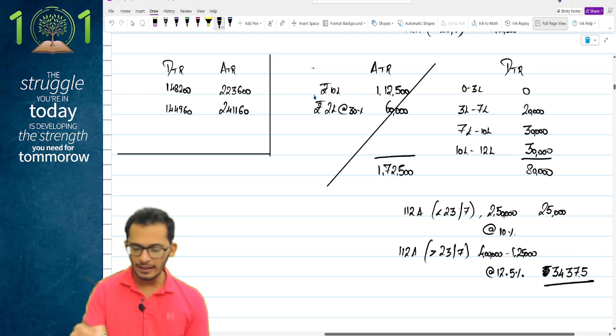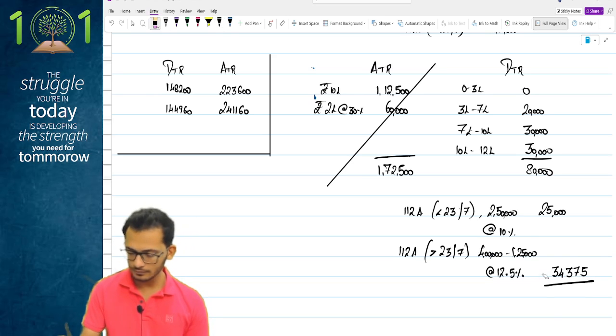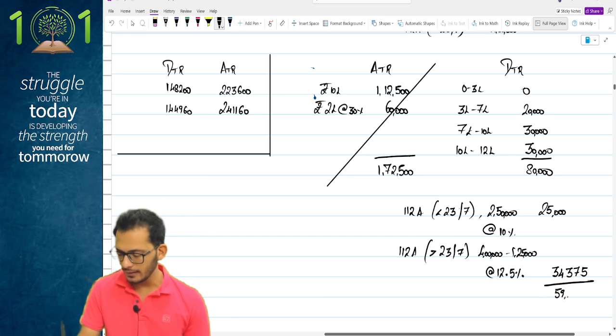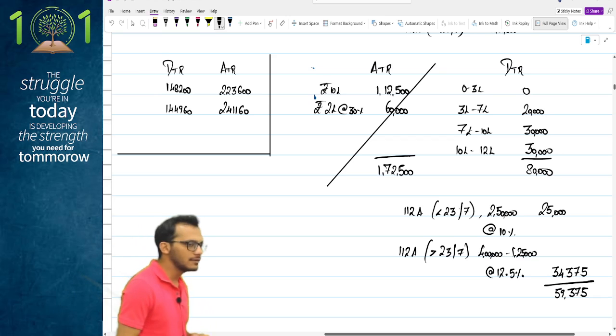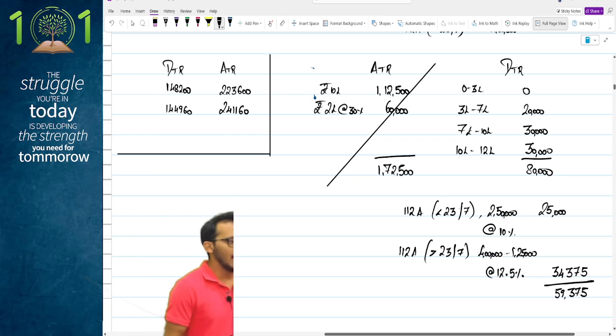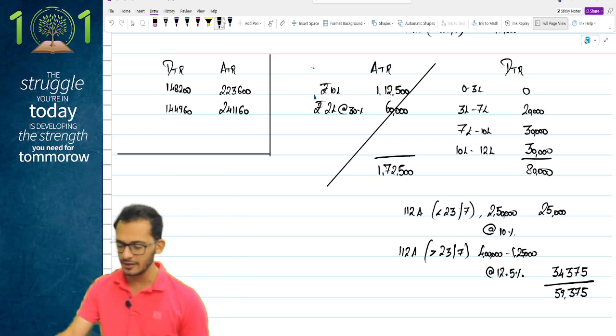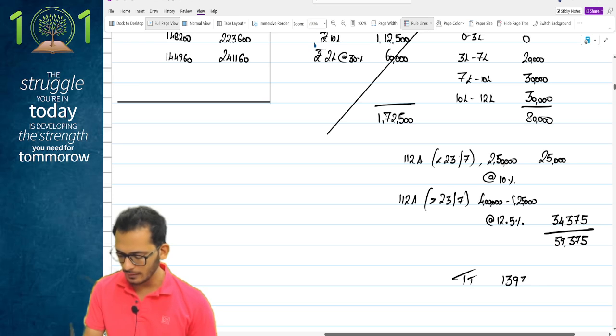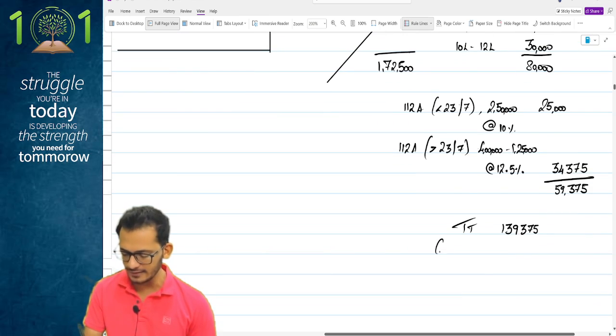giving you an answer of 34,375. Add the numbers. 59,375. Now you know your special tax, you also know your normal tax. You can add both. Your total tax becomes 139,375, on which you will include your cess at the rate of 4%.